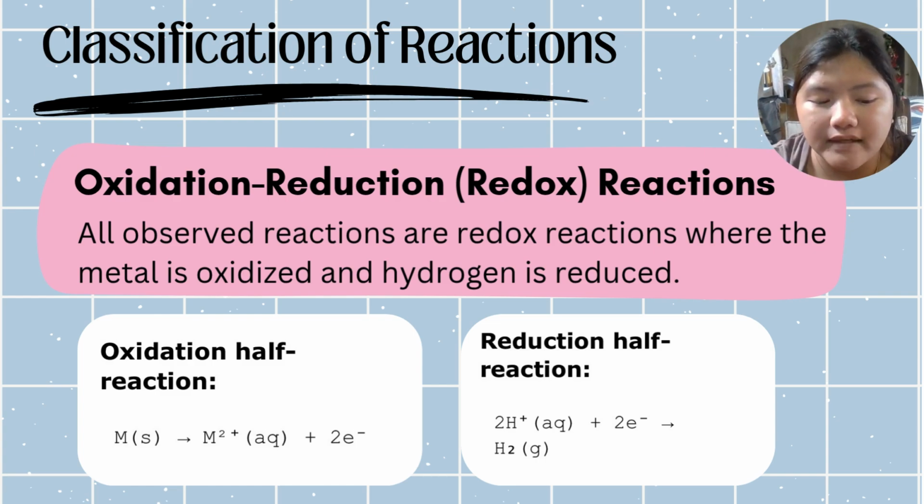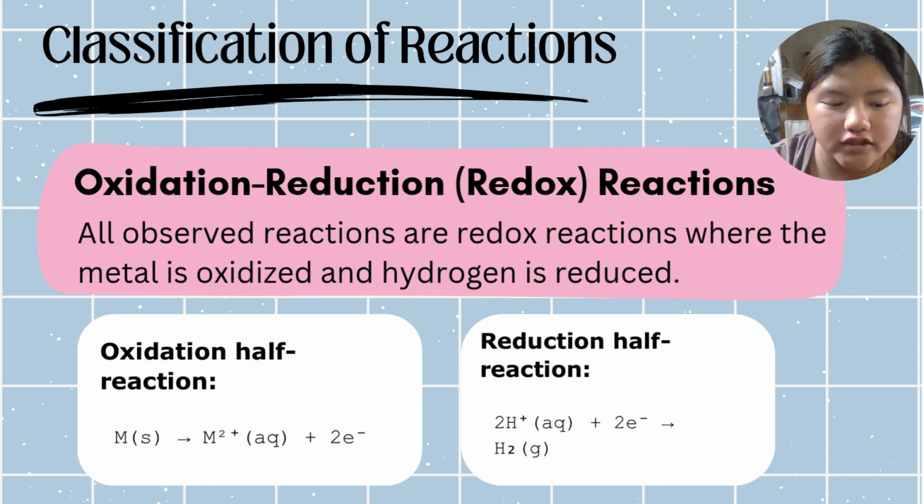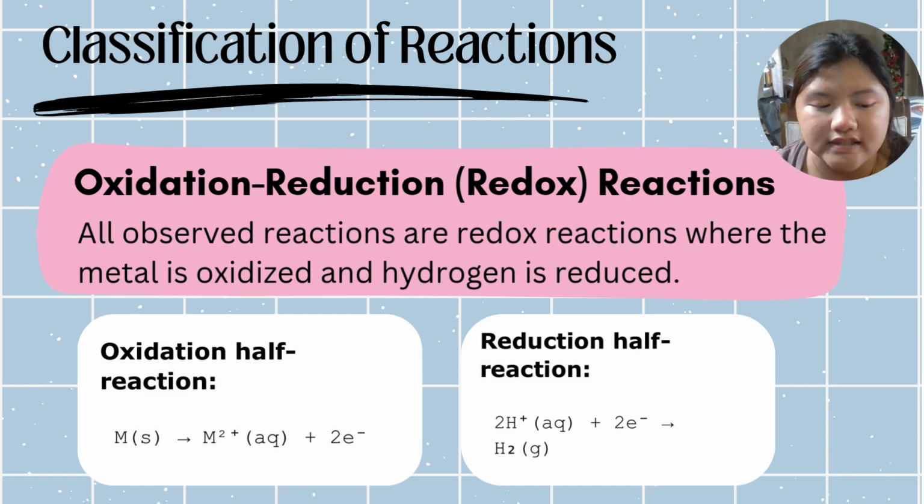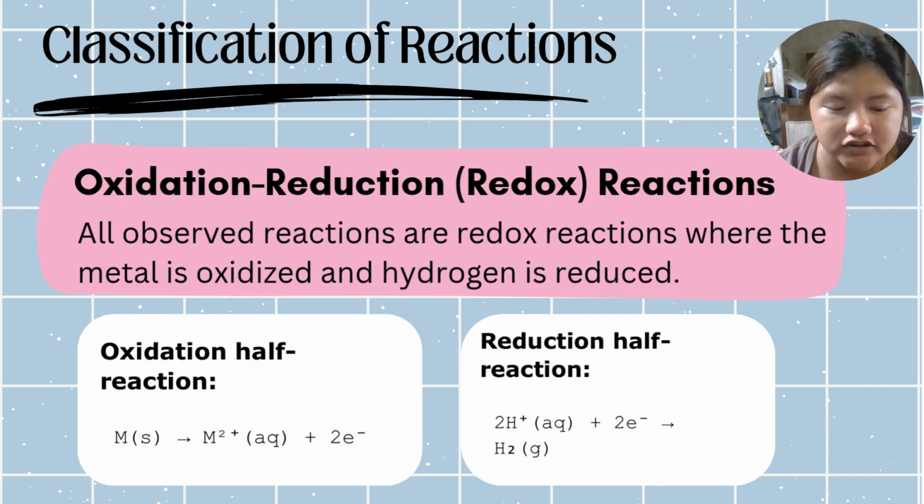As you can see, the metal is oxidized as it forms the positive ion. Meanwhile, the reduction half reaction is two hydrogen ions plus two negative electrons leading to hydrogen gas, because hydrogen ions are reduced as they gain electrons and form hydrogen gas.